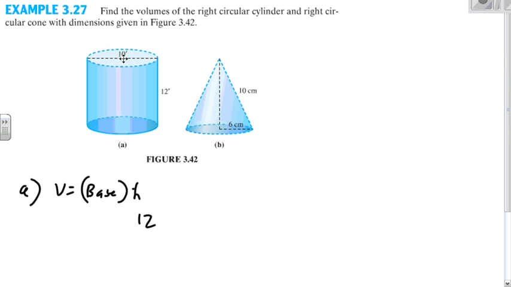So 5 squared is 25 times pi times 12, which would be 300 pi. And when we multiply by 3.14, we get a volume of 942, and the units in feet, so it's feet cubed.